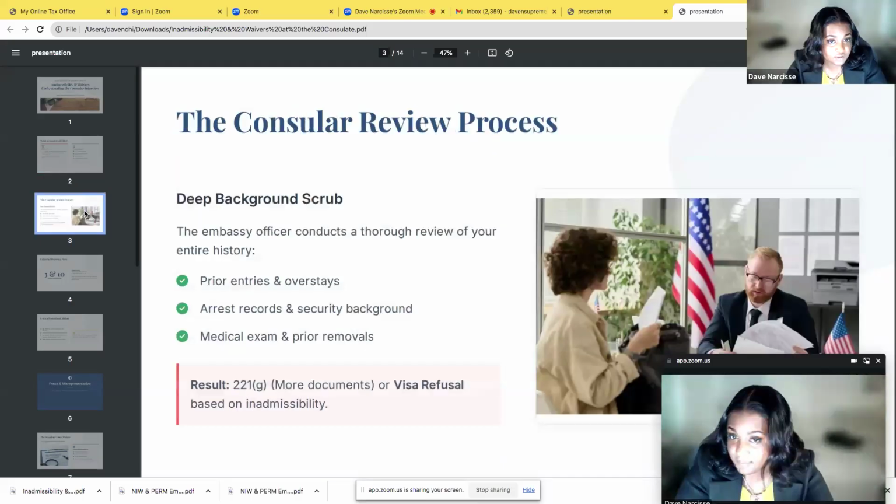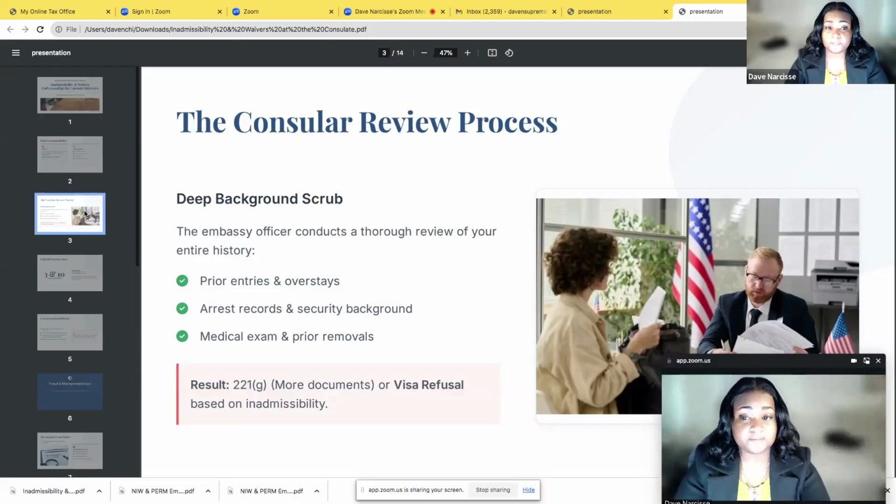So let's talk about consular review. If you have a petition approved and you're outside of the United States, you're going to do consular processing. The steps are: you file your visa application with the embassy, and after all the review, you're going to have your interview. In this interview, the officer will check for inadmissibility. They do a deep background scrub.